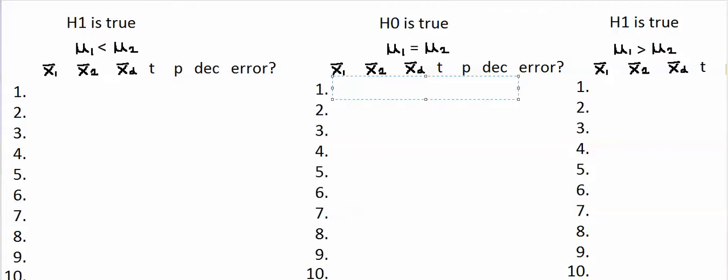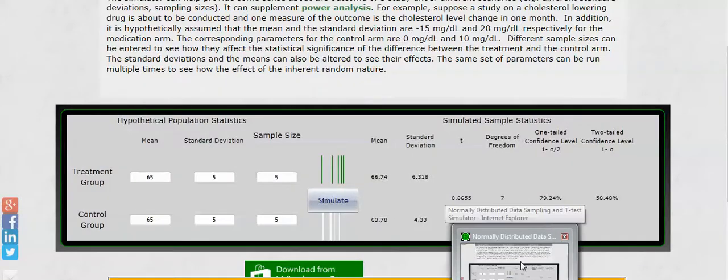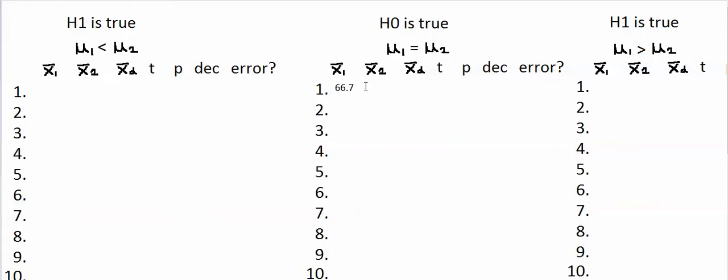It's fine if you want to round it off to 1 decimal place, so I'll just say 66.7. And you need to put the mean of sample 2 from the second university, which was 63.78, or you could round it to 63.8.